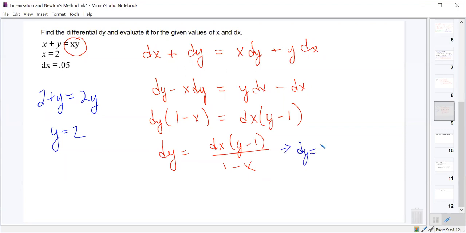We get dy equals dx times 2 minus 1 over 1 minus 2. And what does that give us? Negative 0.05.